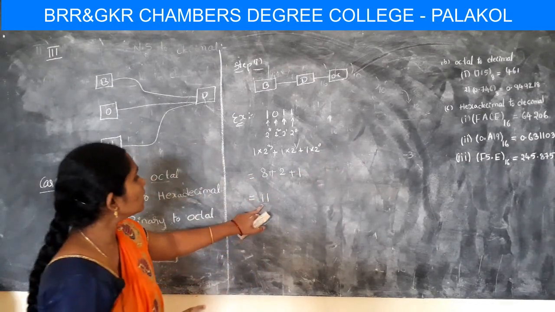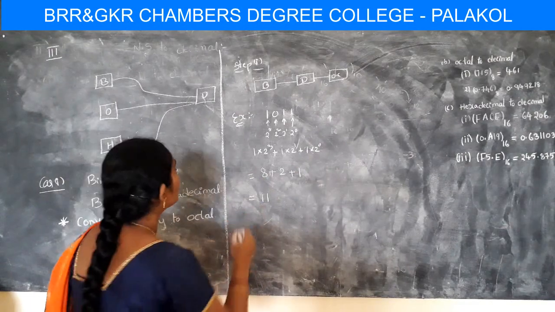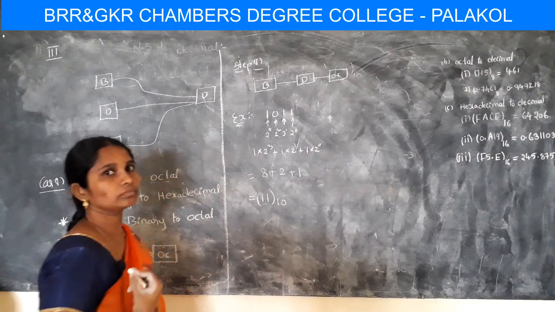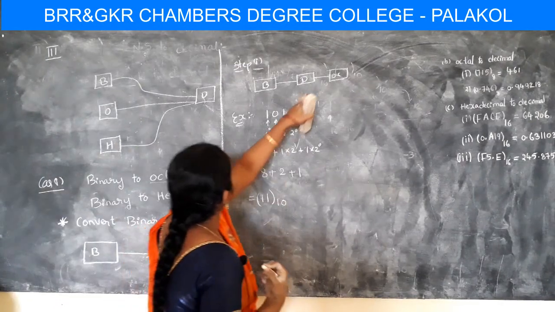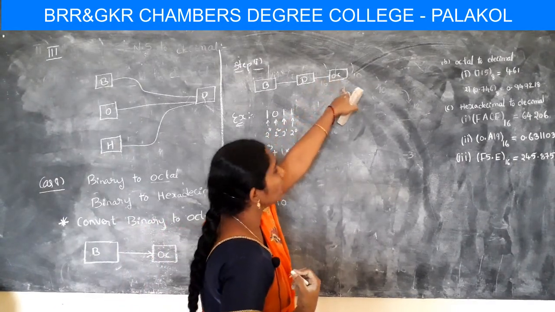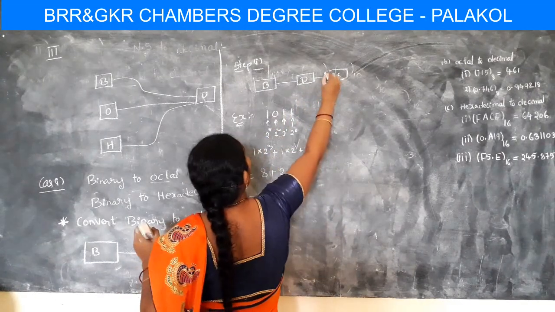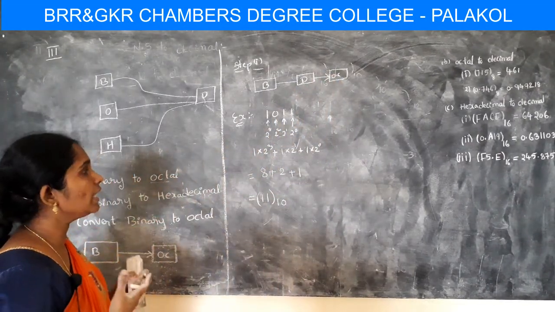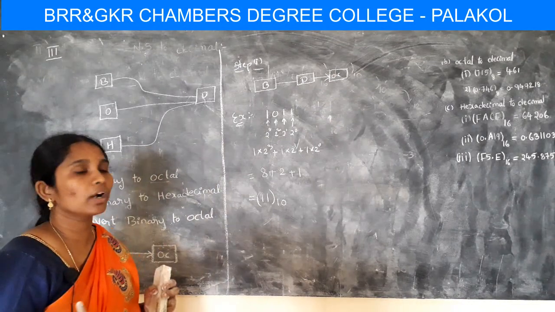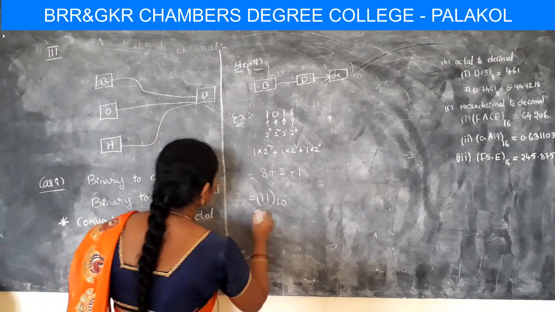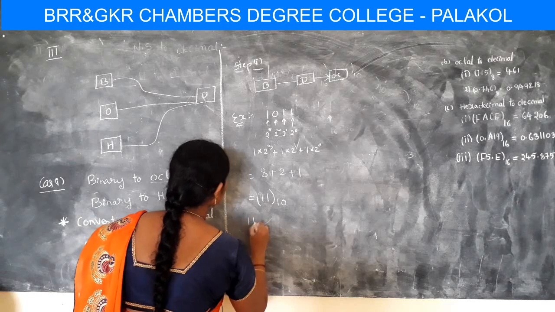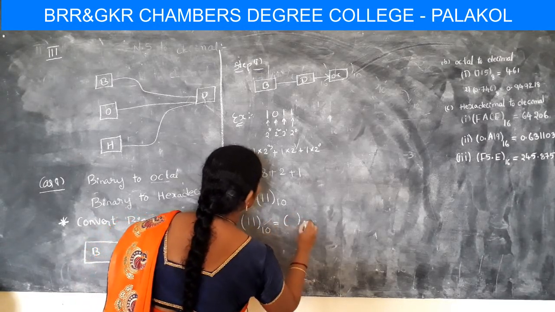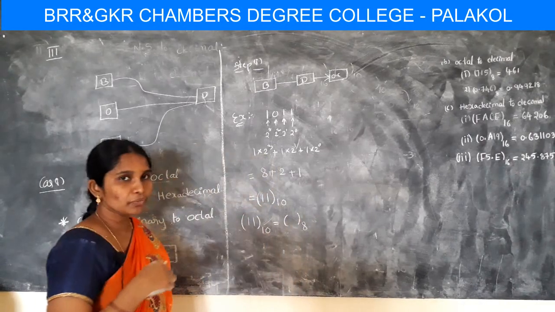Okay. So which type of number is this? This is a decimal number. This decimal number is again converted into an octal number. What is the process? The given decimal number is converted into octal, that means into base 8.